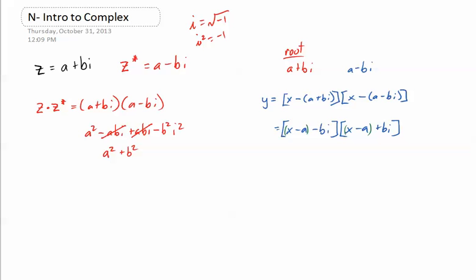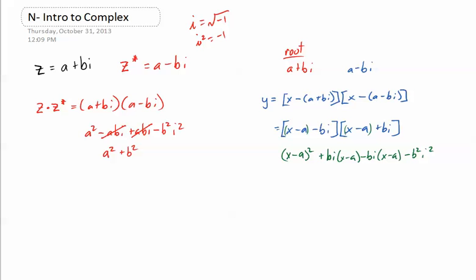So we're going to go x minus A times x minus A, which is just x minus A squared. X minus A times plus BI, so plus BI times x minus A. And then negative BI times that, so minus BI times x minus A. And then, of course, negative BI times plus BI, which will give us negative B squared I squared.